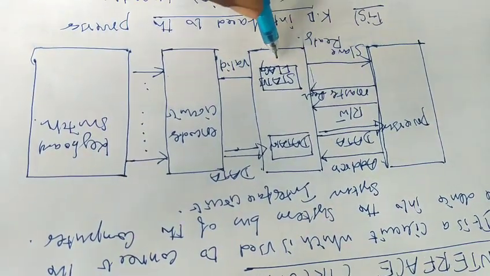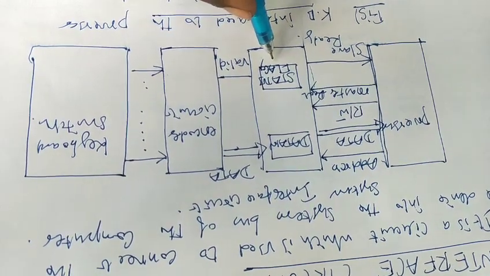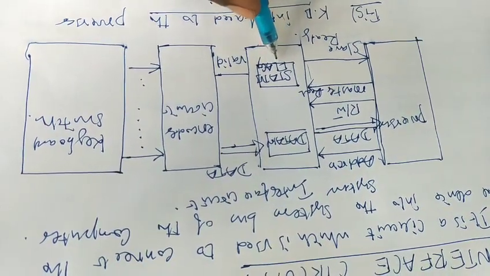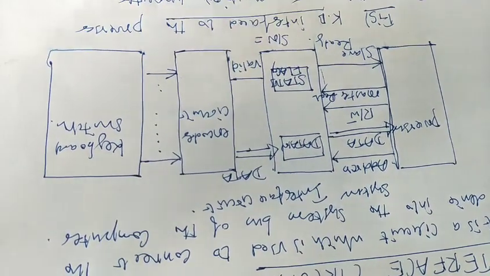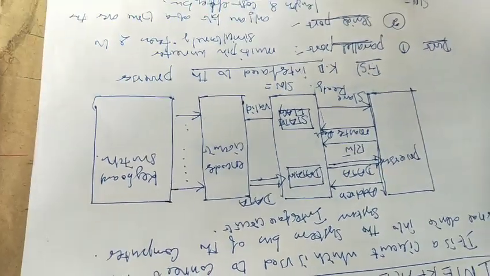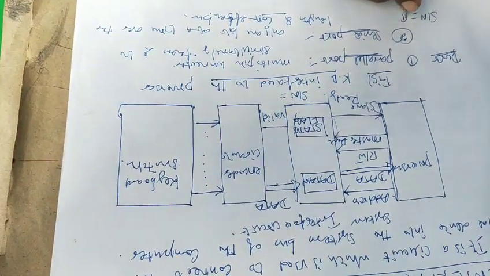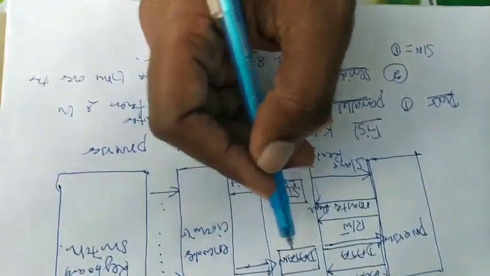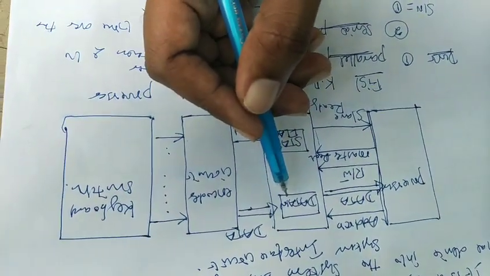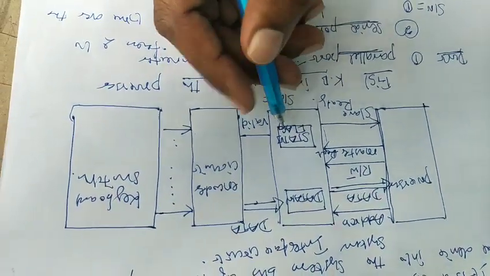And also we have the status flag register, otherwise known as the SIN flag. If SIN is equal to 1, it indicates to the processor that the data buffer of the interface circuit has data.